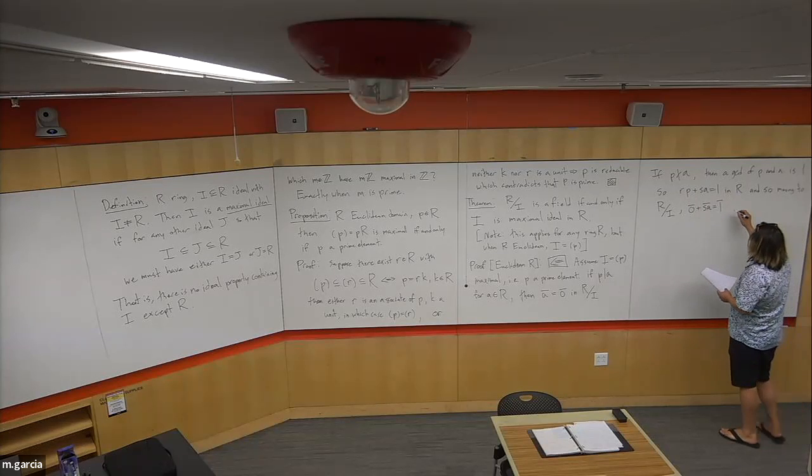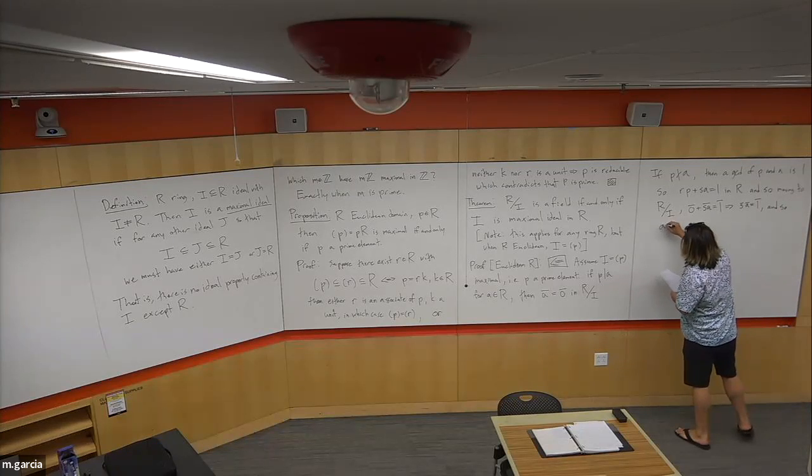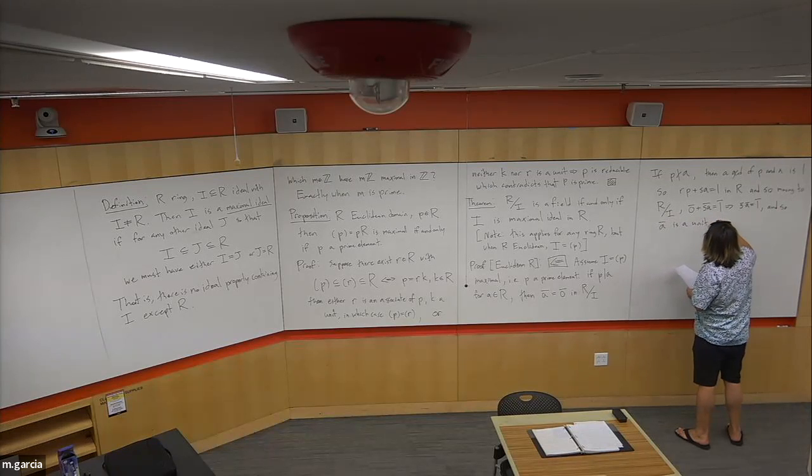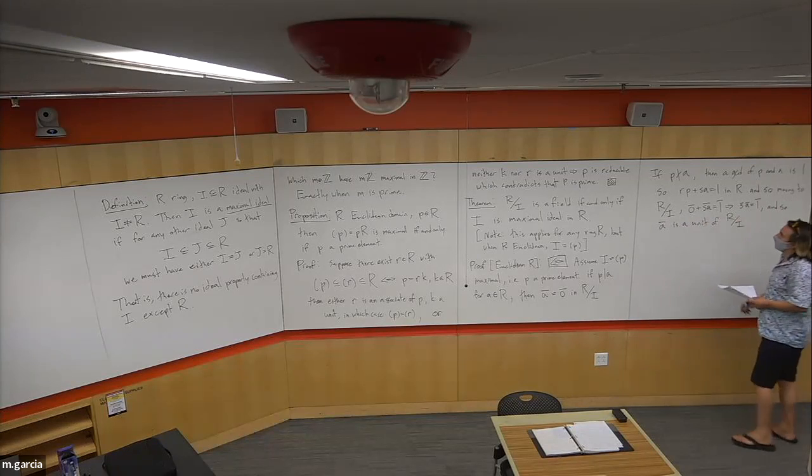Or rearranging this. Or actually not, forget rearranging. This just implies that I have S bar times A bar is equal to 1 bar. And so A bar is a unit of R mod I. Right?